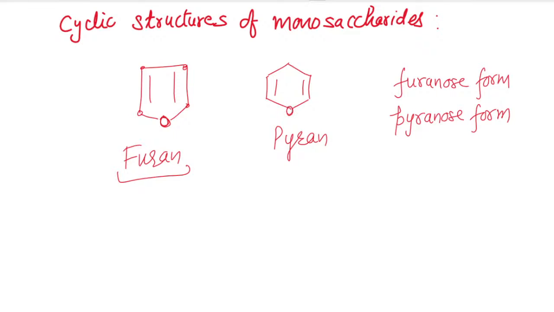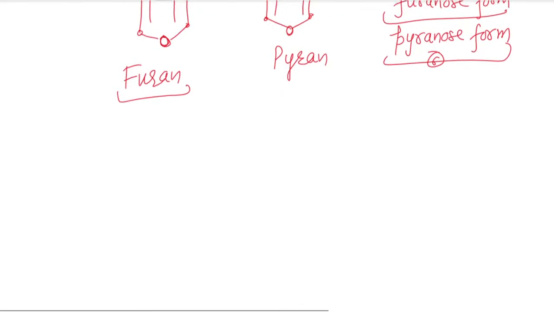Oh sorry, this is O, okay. 6 membered ring with one oxygen, so that is called pyranose form. Because of their similarity with furan and pyran, they are called furanose form and pyranose form, okay.